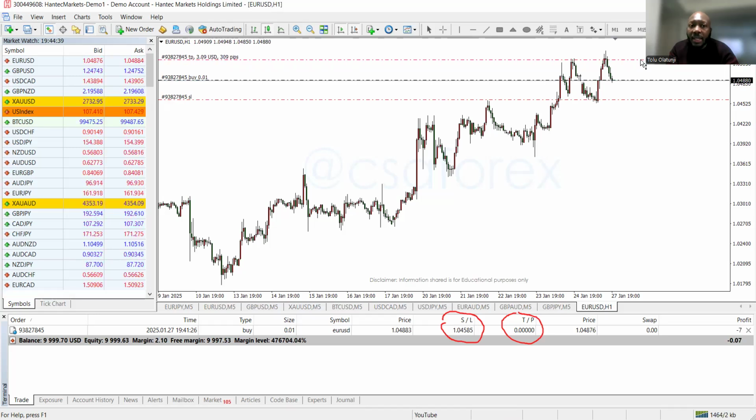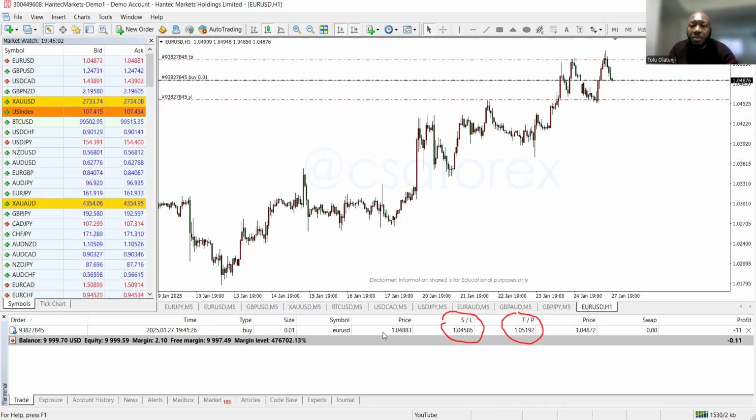As close as we can get, 309 is 30 pips and 9 pipettes. Release the finger, and then you have your take profit above, your stop loss below. You look over here, you have the same thing for your take profit and your stop loss. As easy as ABC. This is the fastest way to set your stop loss and your take profit. No need for calculations.